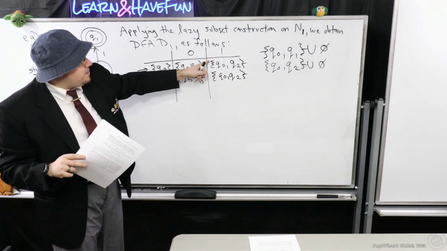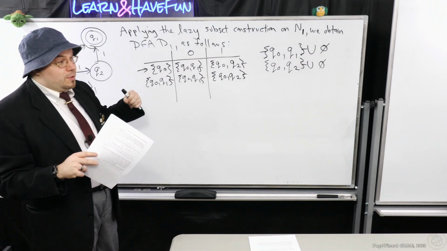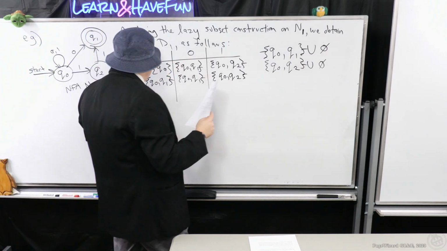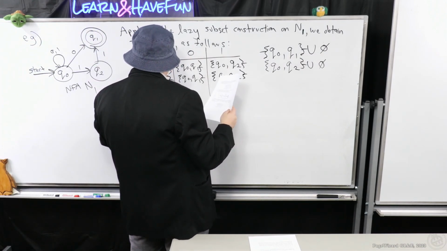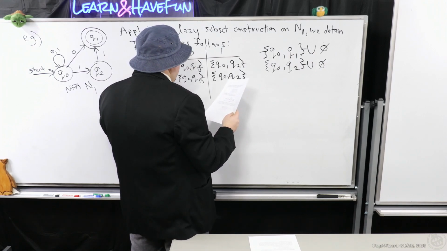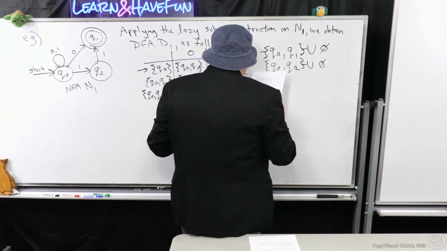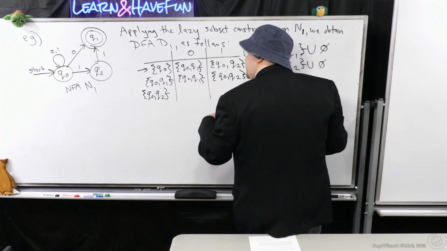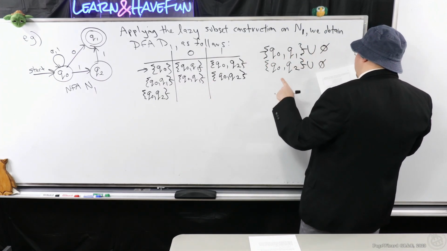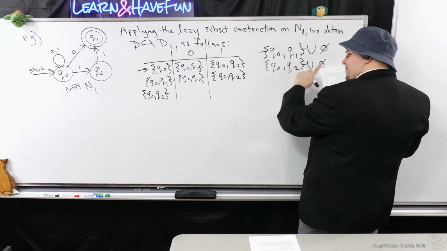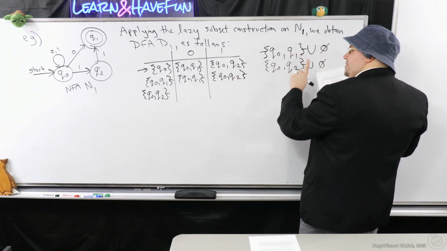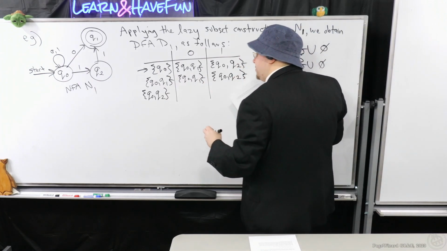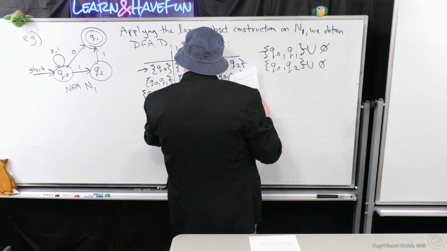Next, I have Q0, Q2. That was the next one I discovered. I don't have a row for it though, so I'm going to now add a row for that. So next, Q0, Q2. When I read a 0, it's Q0, Q1 for Q0. And on 0, notice there's no transitions out of Q2, so it's just going to be Q0, Q1 again.